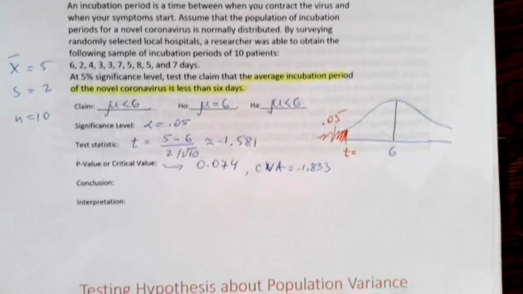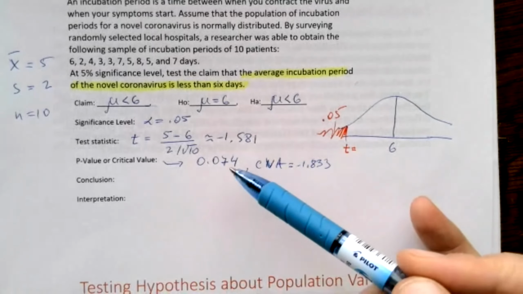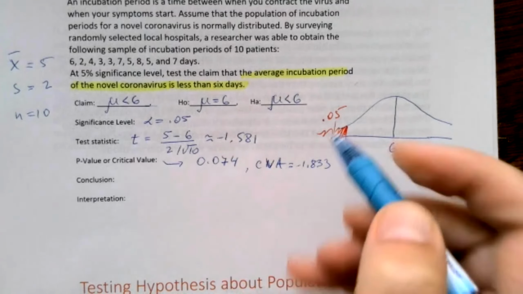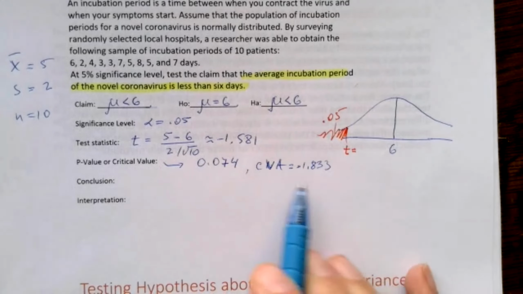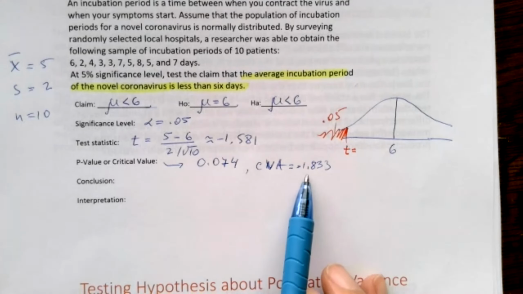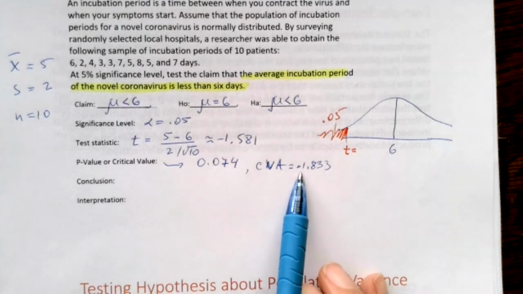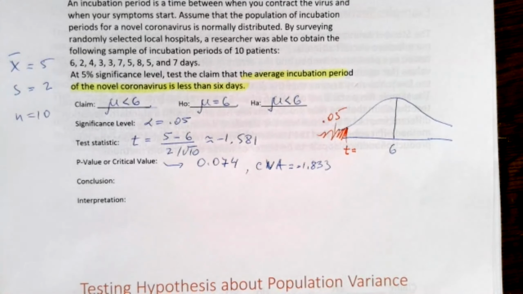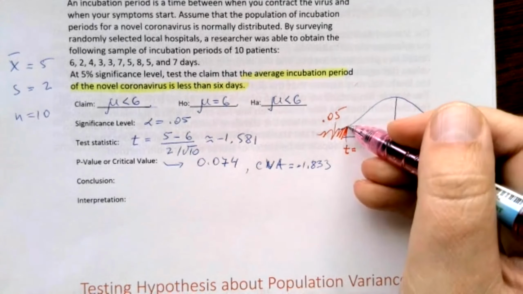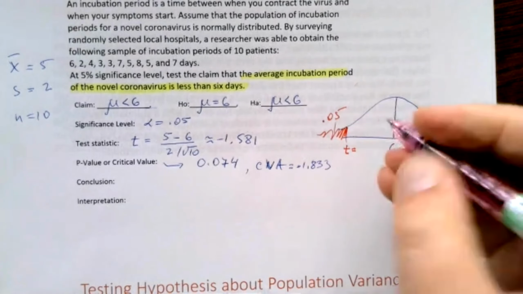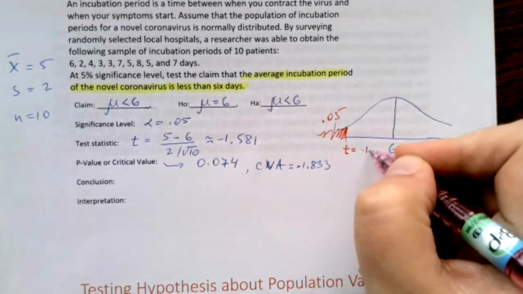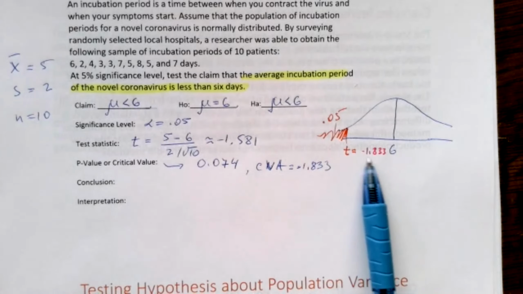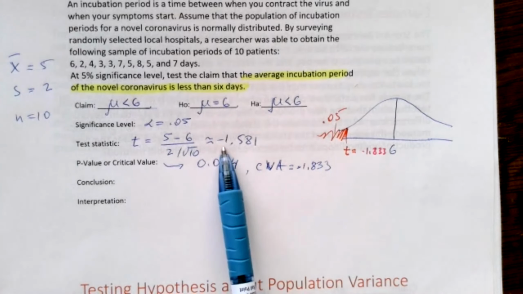First of all, if we're just using the traditional method, where is this critical value? It is right here. Again, that's the value that separates the bottom 5%. That's negative 1.833. Compared to that value, where's our test statistic?